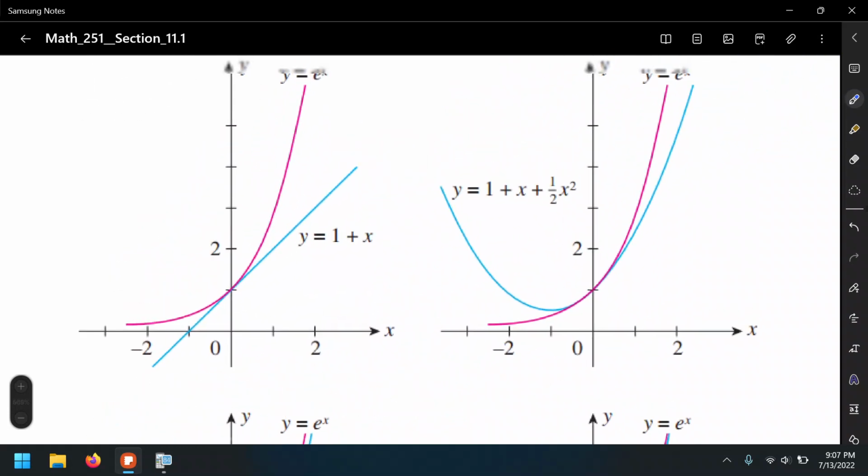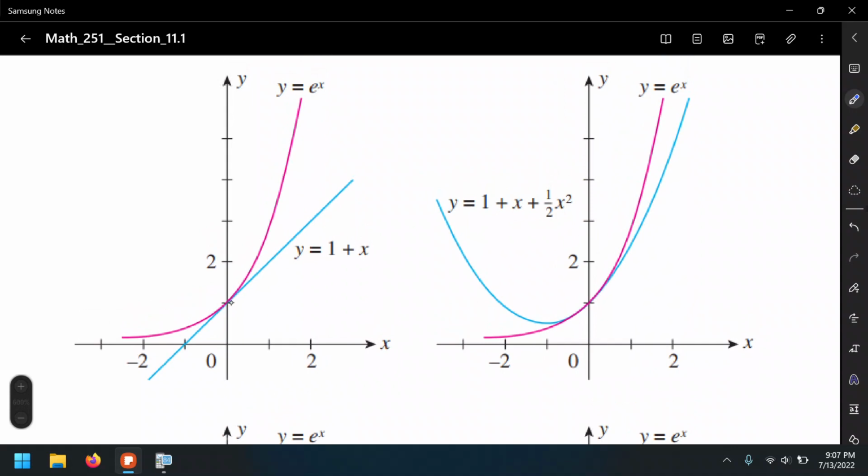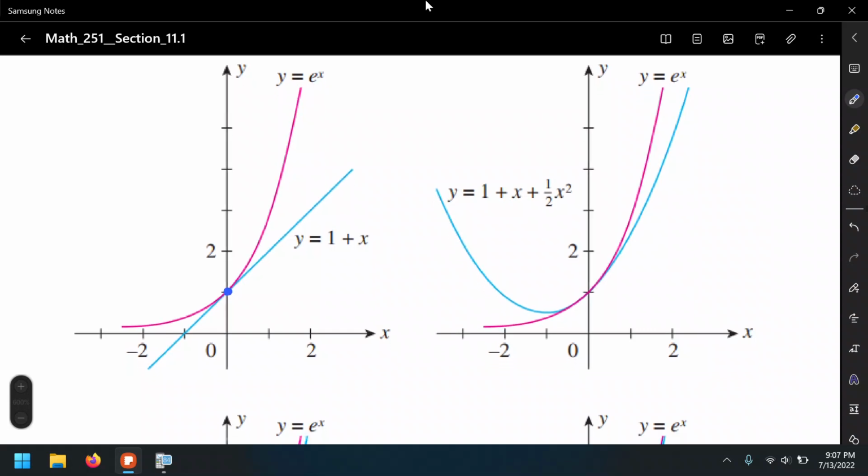So the idea here is that around the center, for example in this case we do the approximation of the exponential function at 0, we're finding the equation of the tangent line at x equals 0. So around 0, see how the values are pretty close to the actual value, from the value on the linear function and the value on the actual function.